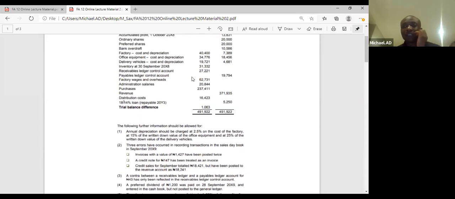So we have three types of costs in this place. We have the factory cost, we have the administrative cost, and we have the selling and distribution cost expense. One affects our cost of sales, one affects our administrative, and one affects our distribution.